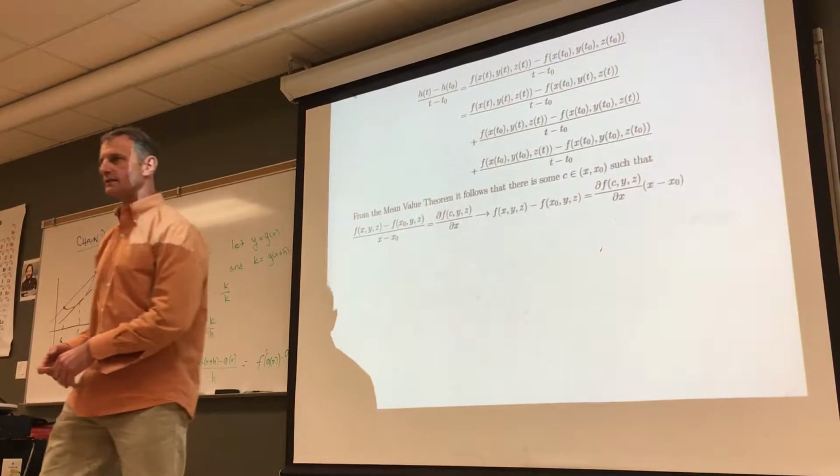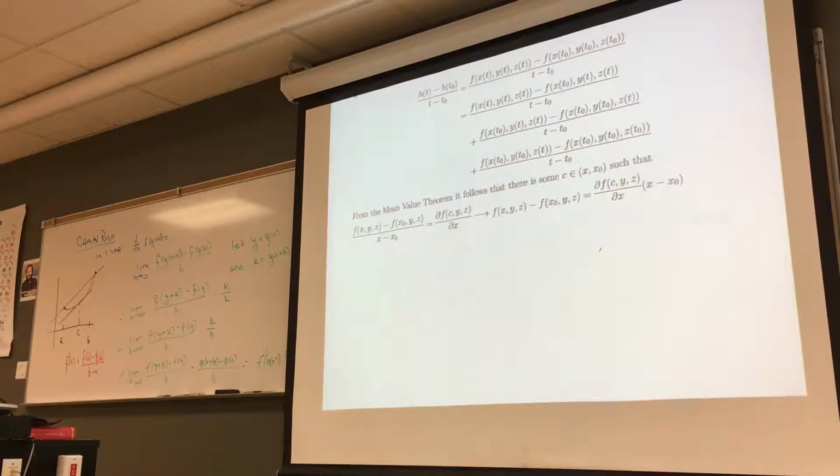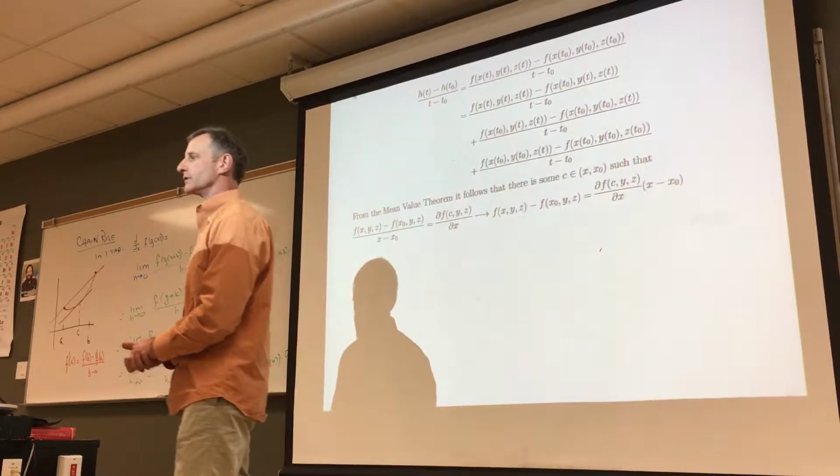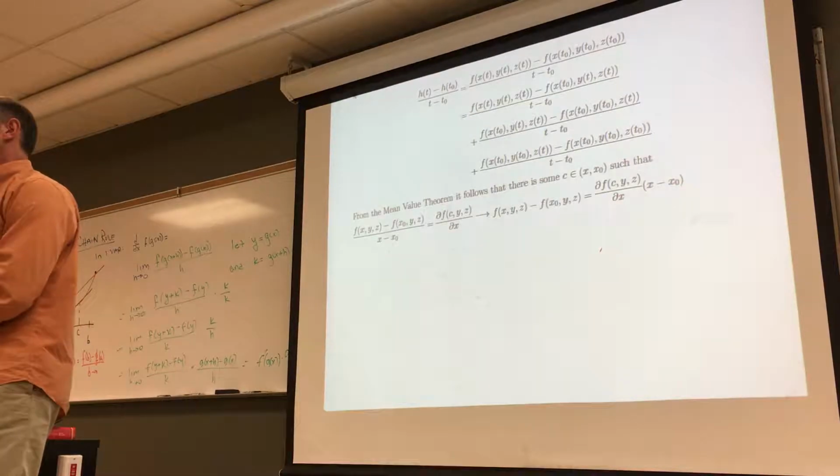It essentially says that if your average speed on a highway is 60 miles an hour, that at some point along your drive you're traveling 60 miles an hour.